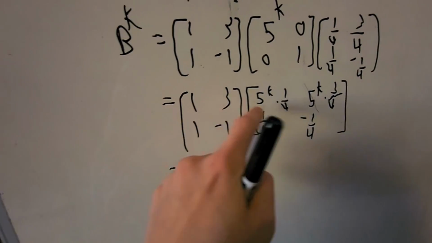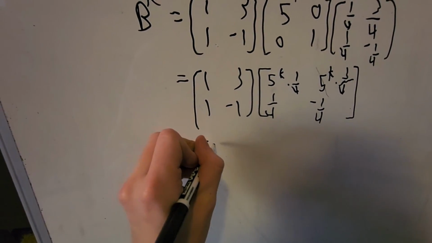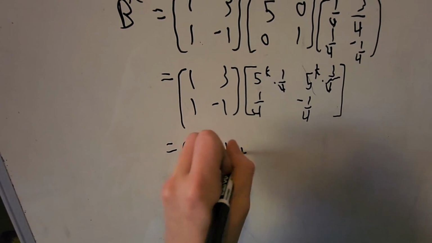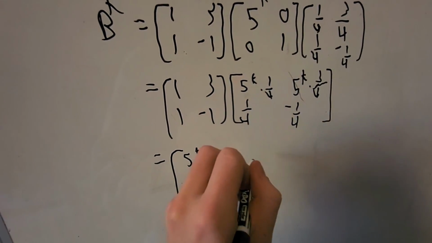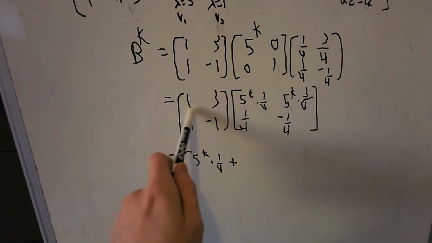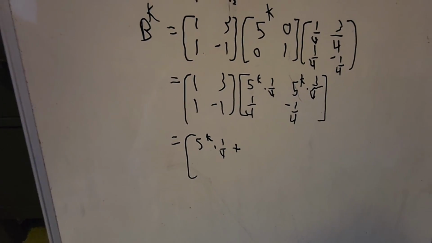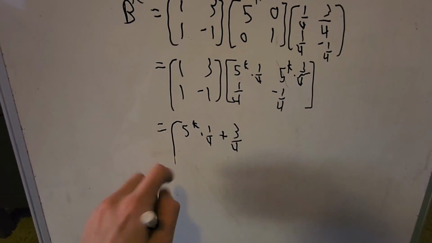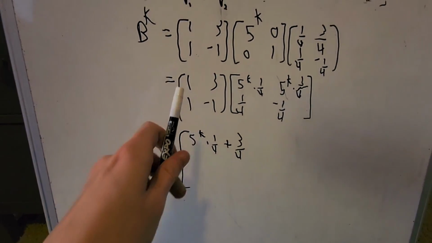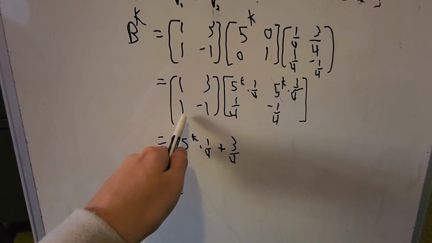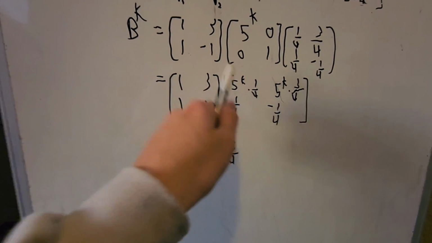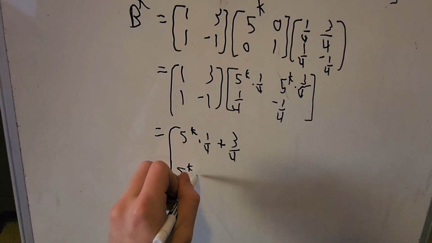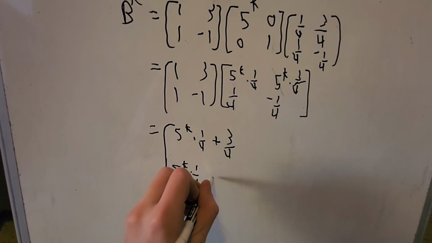Alright. Now this times this, 5 to the K times 1/4, plus this times this, the row dotted with the column, this times this, plus this times this. So plus 3/4. That's the first entry. So now it's the row dotted with the column. So this row, we're going to dot with this column. So 5 to the K times 1/4, minus 1/4.